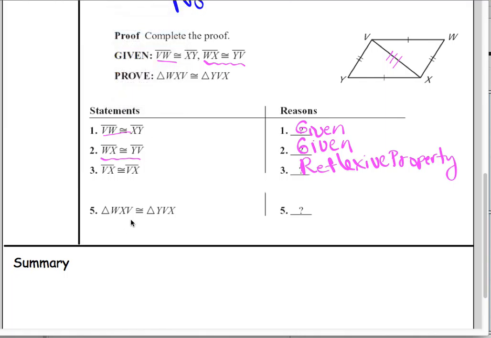You're going to name it right the first time, especially because they tell you how to name it. So there's no way you're going to name it wrong because you're just going to copy how they name it. So we have our 3 sides in our proof, so we had to make sure, 1, 2, 3, all 3 are in there. And then we're able to say that they're congruent by side, side, side. So there's no need for that 4th line that was on there. Sorry about that. Just mark that part out.